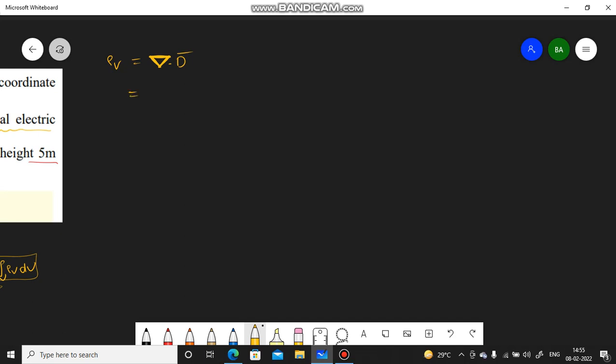So we know that the divergence of electric flux density in the cylindrical coordinate system is 1 by r, dou by dou r of r into D_r, the r component, plus 1 by r dou by dou phi of D_phi, plus dou by dou z of D_z. This is the divergence of electric flux density in the cylindrical coordinate system.